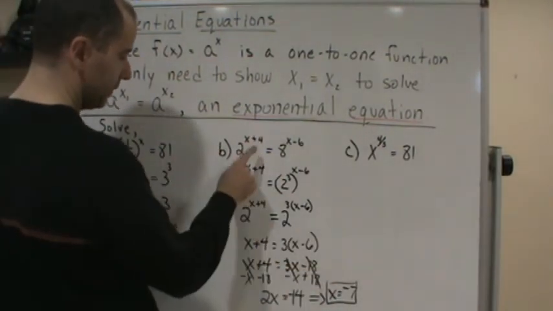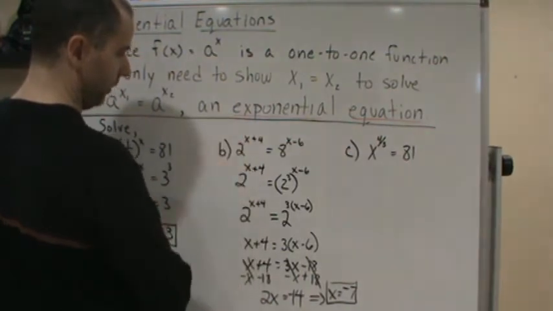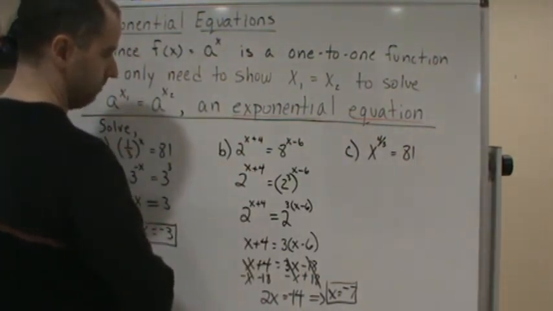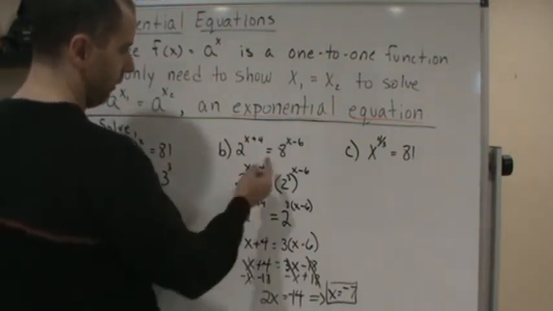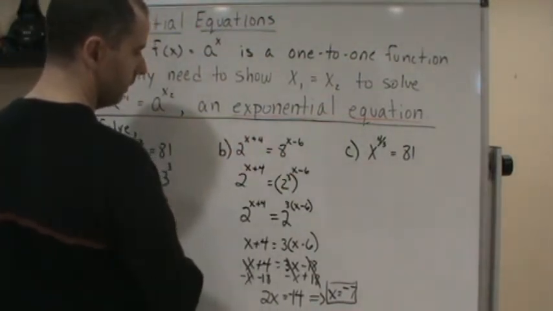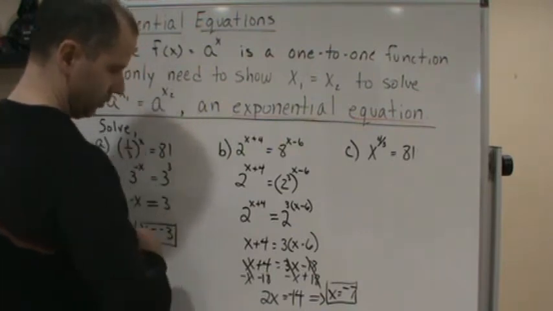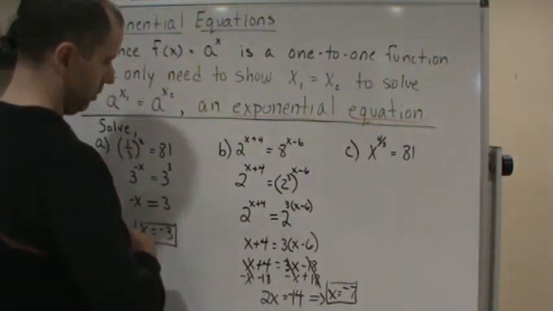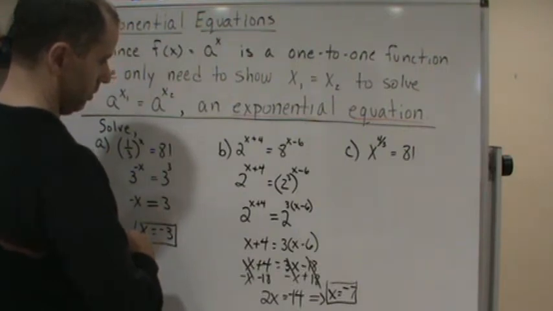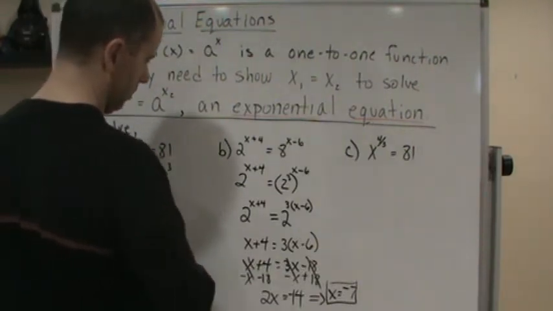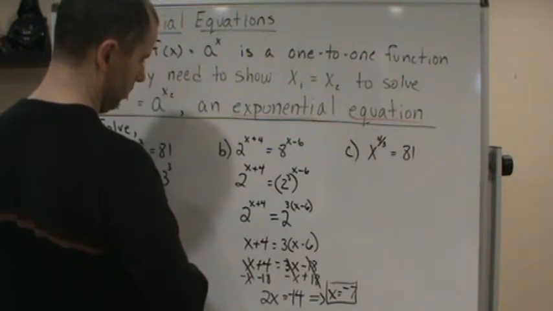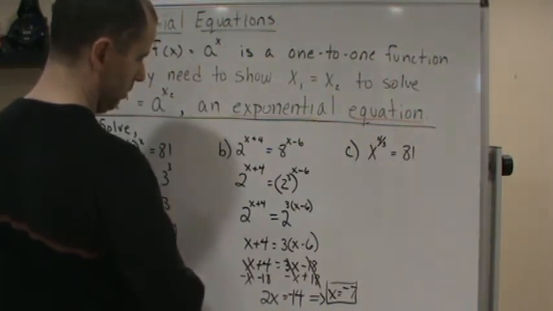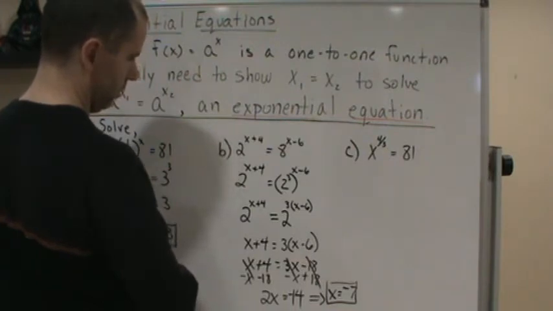So if I plug in negative 7 here, I get 2 to the third. Okay? Which gives me 8. If I plug in negative 7 over here, oh, hold on a second. Something's not right.